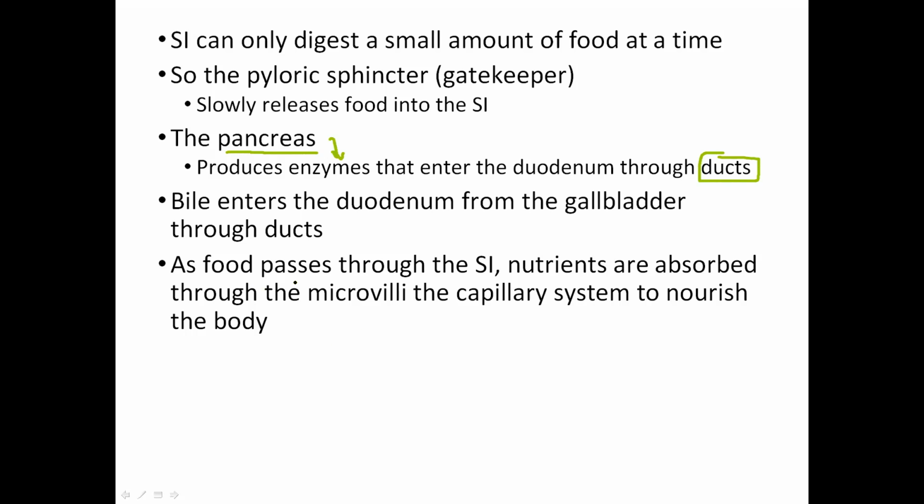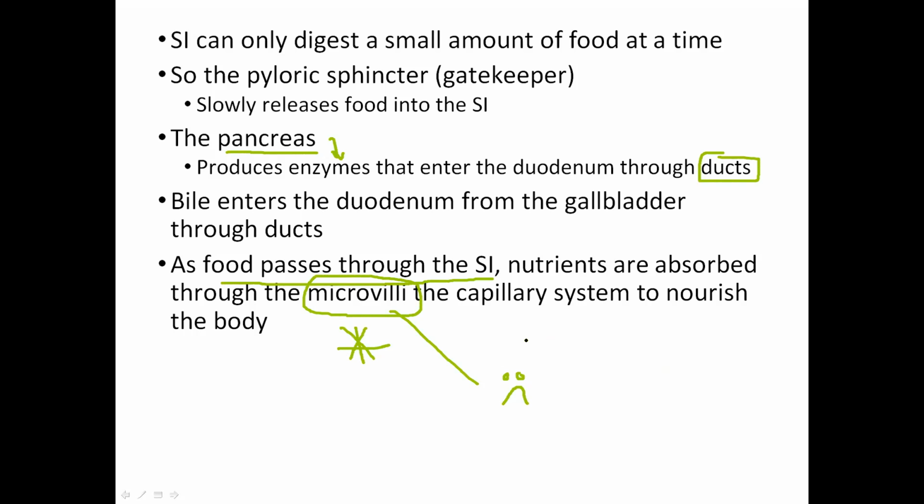Okay, once food is in the small intestine, it has to go through the microvilli. This is a very important structure that most people hurt. Most people hurt this by overuse of drugs, such as your NSAIDs. And there's other side effects of certain medication that hurt the microvilli.